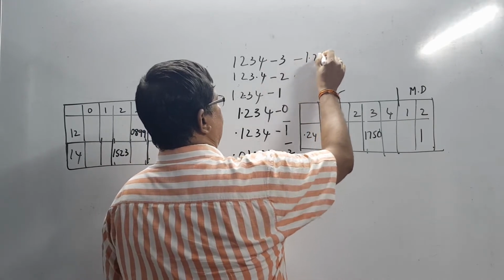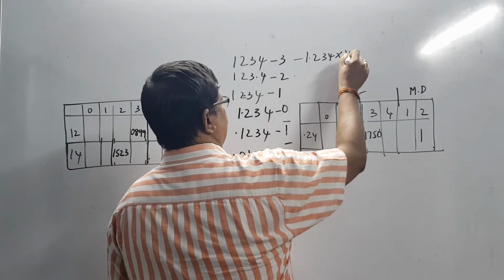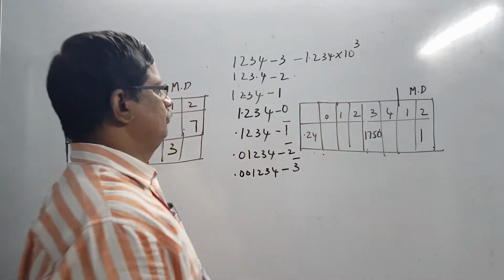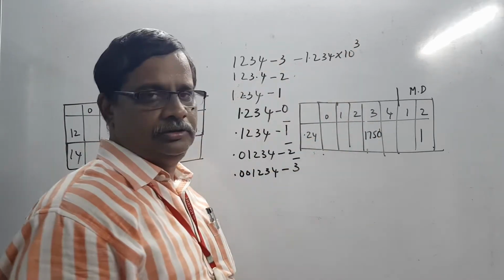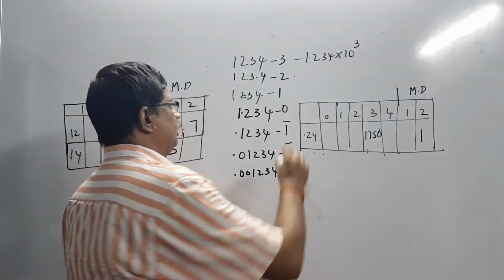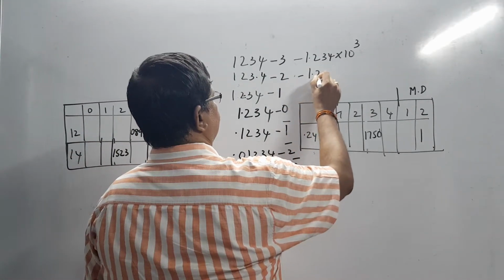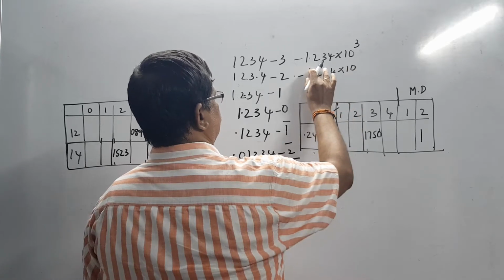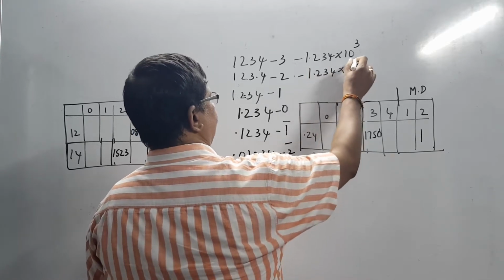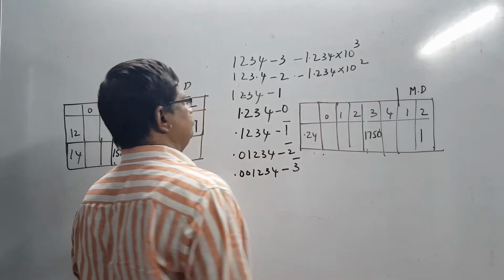1234 is 1.234 into 10 cube. What is the power of 10? 3. What is the characteristic? 3. Simple. Now this is 1.234 into 10 raised to 2, correct?